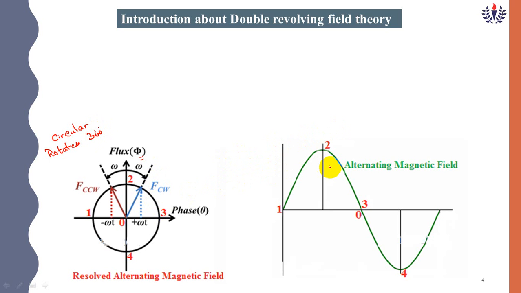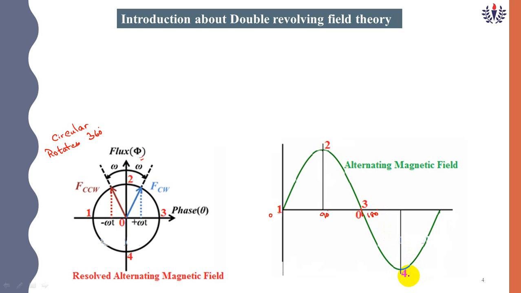Now you come to our waveform. I mark point 1 as the initial stage. This is 90 degrees, I mark it as 2. Then this point is 180 degrees, point 3.